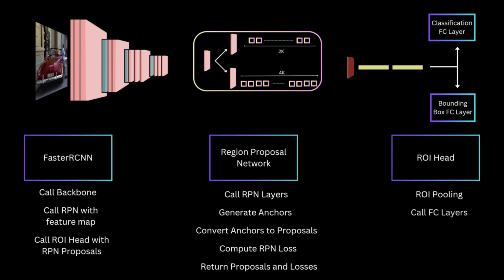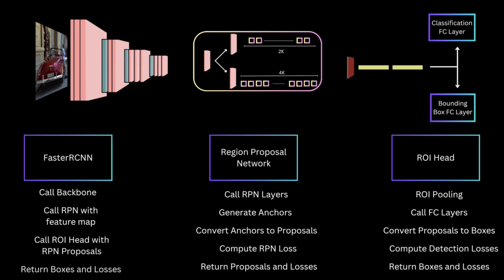Using the box regression predictions, it's going to transform RPN generated proposals to prediction boxes. And based on the ground truth boxes and labels, it's going to compute the detection losses. Finally, ROI head will return the prediction boxes and the detection losses. And Faster R-CNN module is going to return these predicted boxes and the RPN and ROI losses for us to backpropagate from.